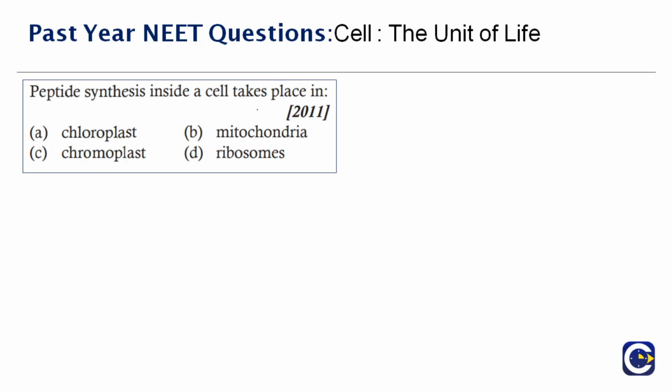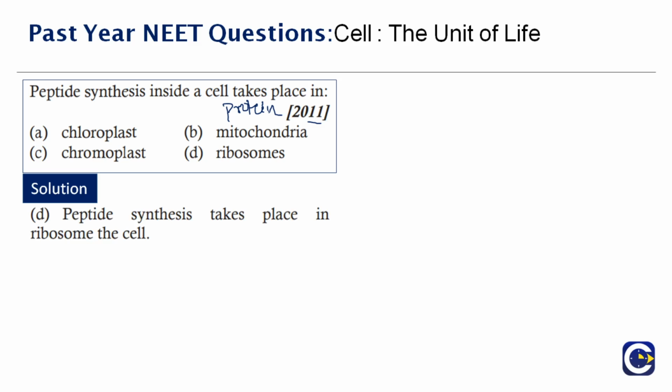Now next question. Peptide synthesis inside a cell takes place in dash. Again, 2011. When I say peptide, they're talking about protein, right? We've already discussed this question, or related to this question, a lot in the earlier parts.